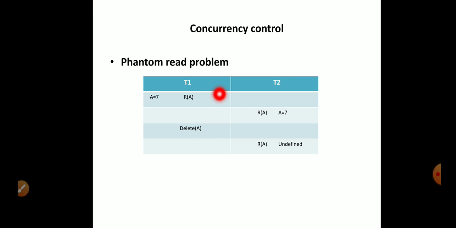So now transaction T1 deletes the data variable A. Now transaction T2 wants to read the value of A again, but it is undefined because transaction T1 has deleted the data variable A. So you call this the phantom read problem: when it reads the same variable later, it finds the variable does not exist.